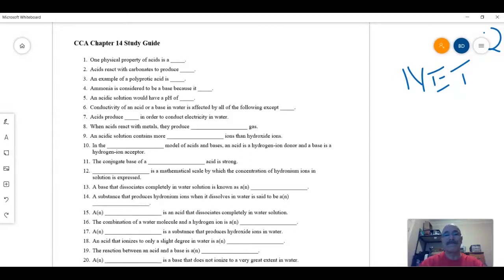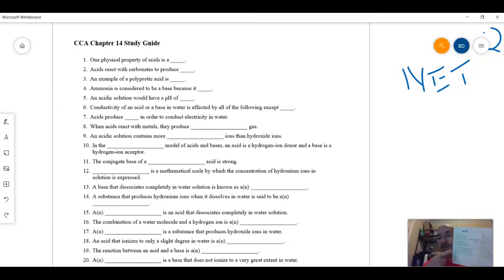So, I'm not sure how to word that, but write the word strong there. Number 7, acids produce what in order to conduct electricity in water? Hydronium ions.